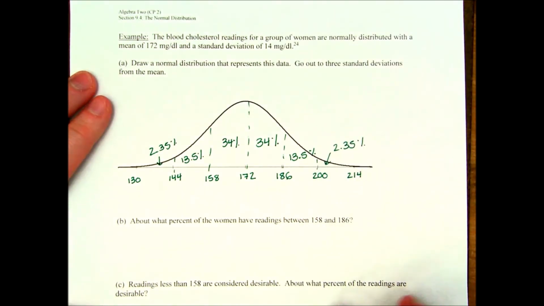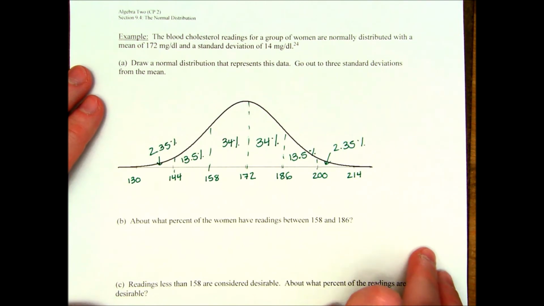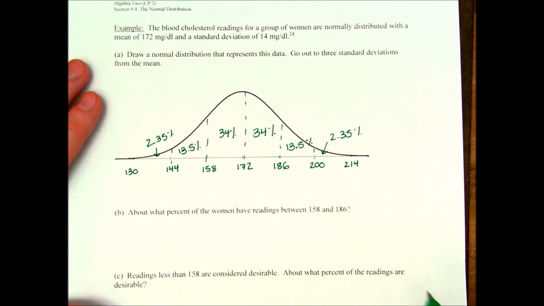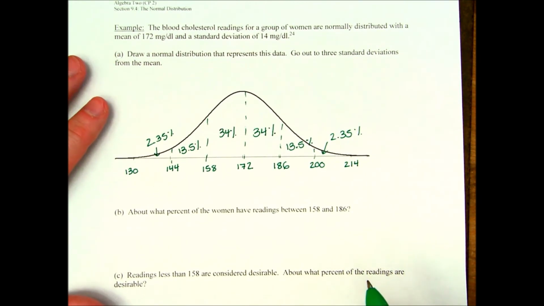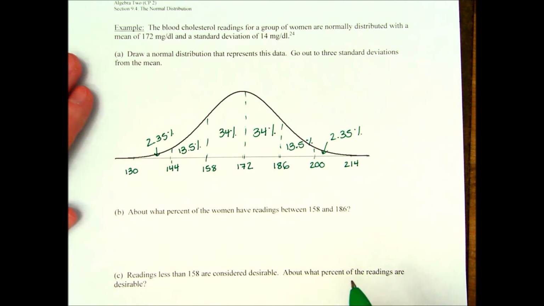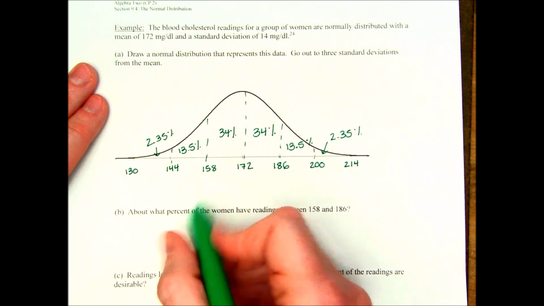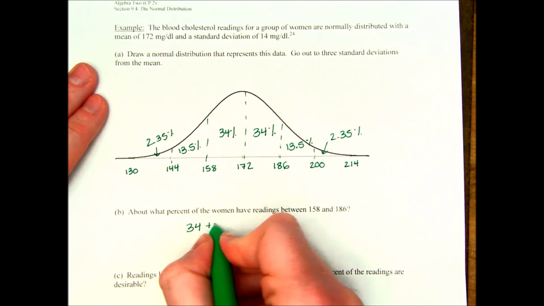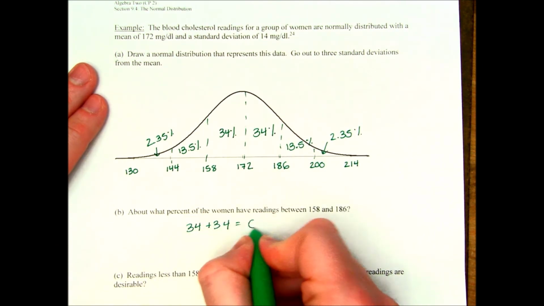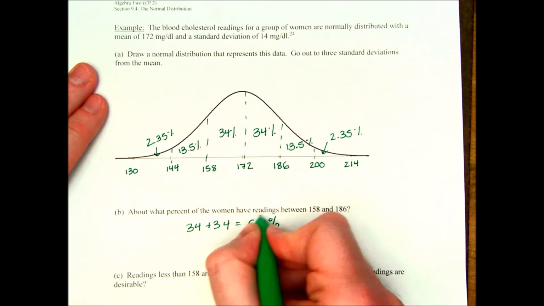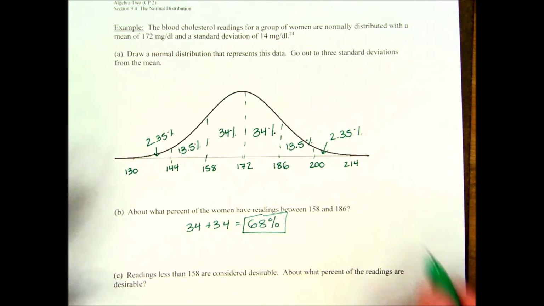And the first thing I'm asked is what percent of women have readings between 158 and 186? Well, I think you can go do that. Take a moment, figure that out. Just going to add these two sections together, 34 plus 34. We're going to get 68%. About 68% of women will have a cholesterol level between 158 and 186.